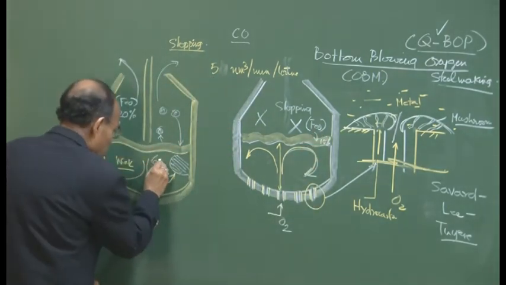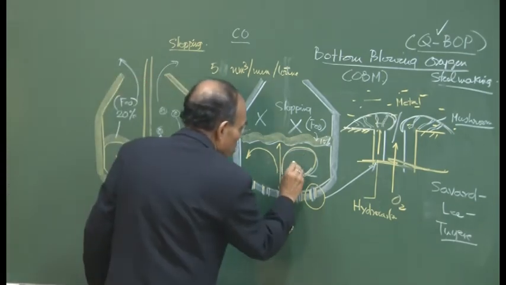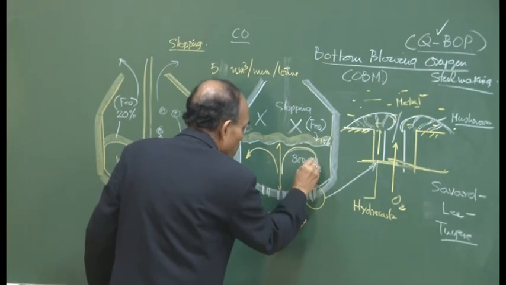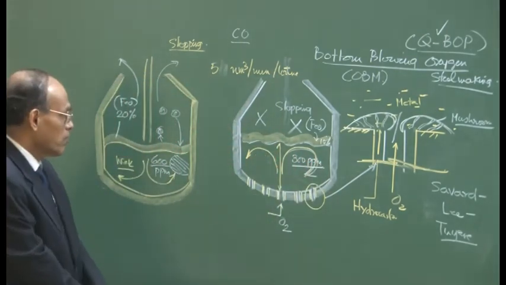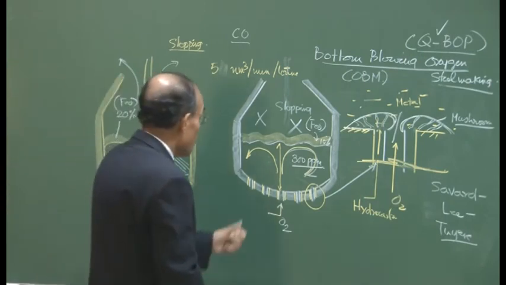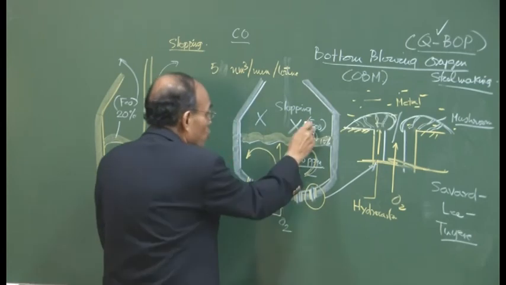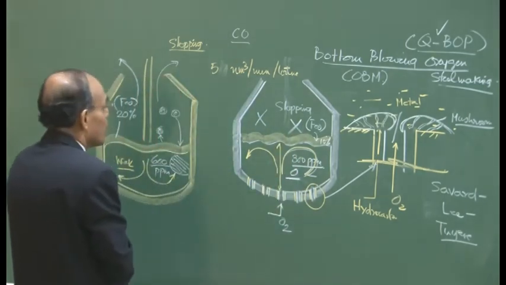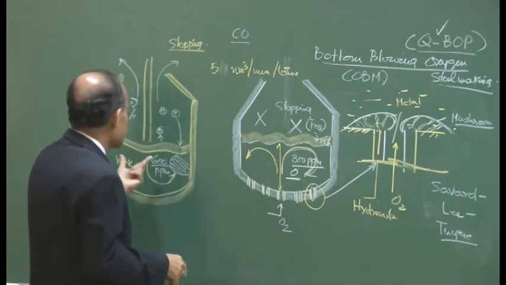End oxygen content could be about 600 ppm here, and about 300 ppm here. So, this dissolved oxygen is in equilibrium with the FeO of the slag, and you can calculate the corresponding carbon content. These are the figures which tell us that.